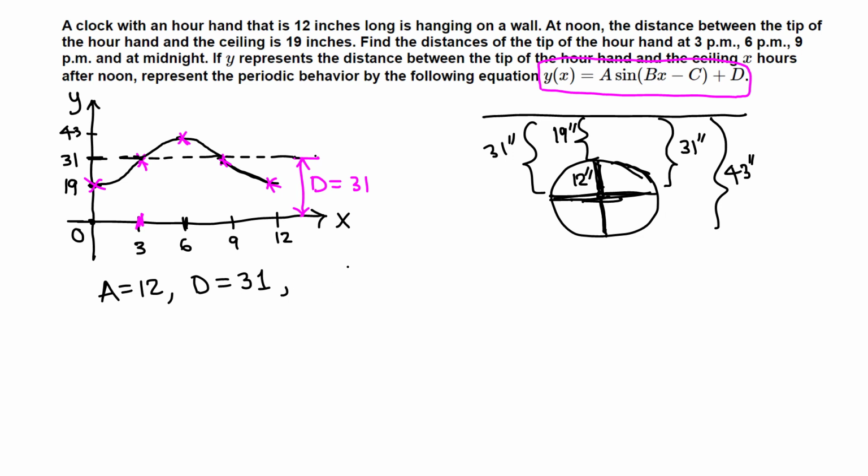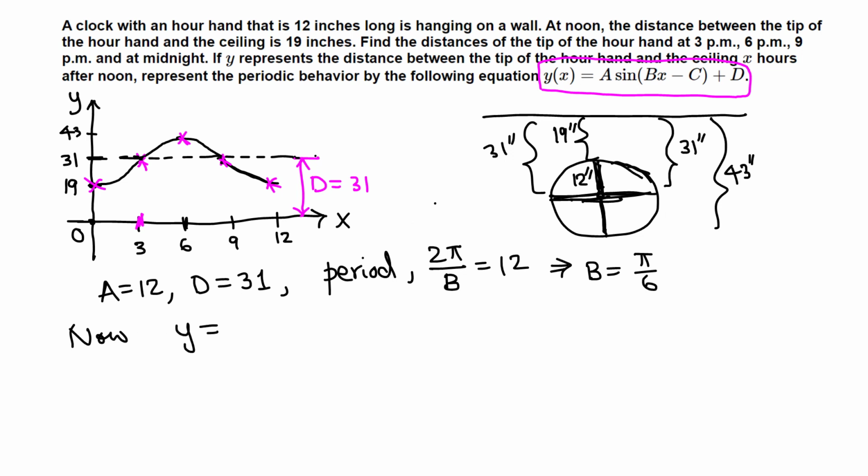So the period is 2 pi over B. For this model the period is 12. From this we can determine the value of B: 2 pi over 12 equals B. So B is pi over 6. Then we are almost done.